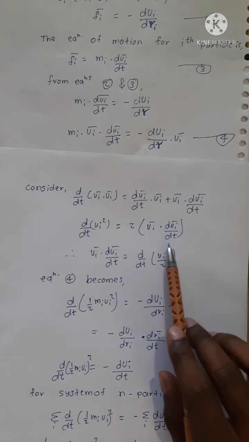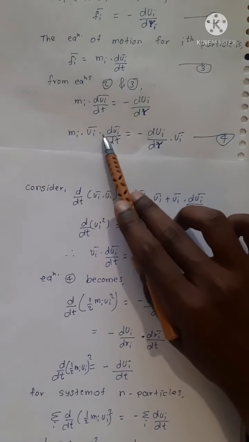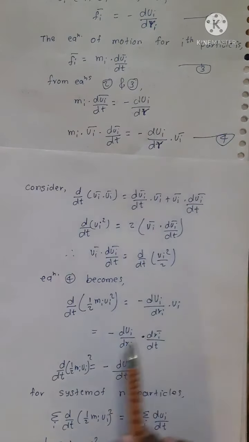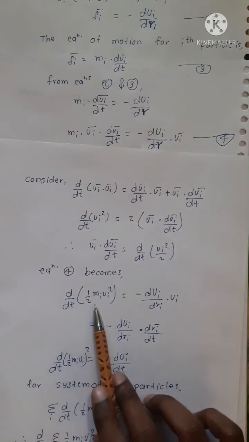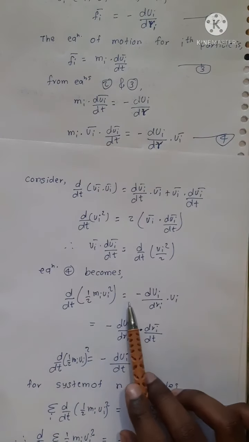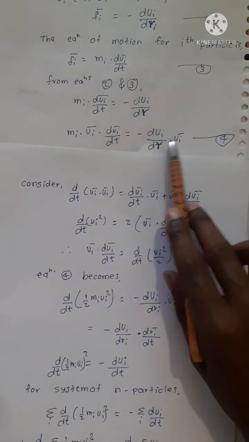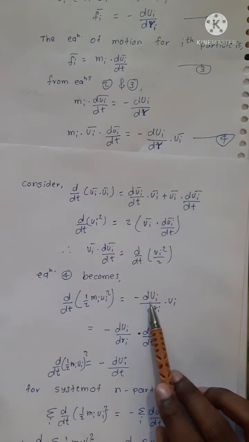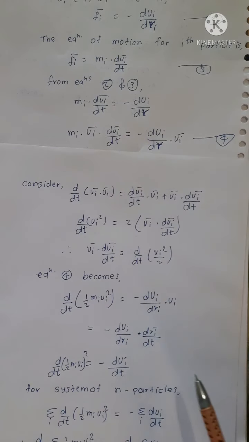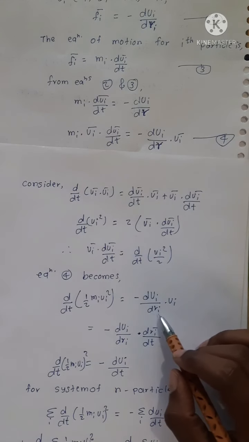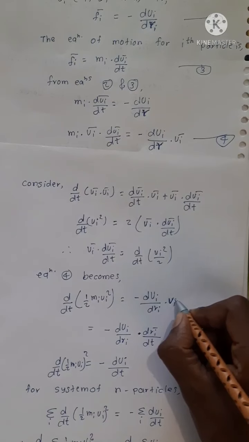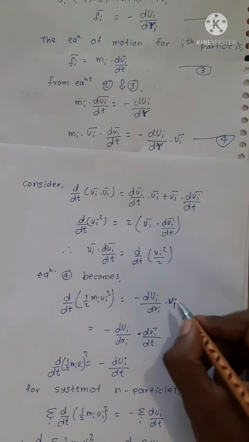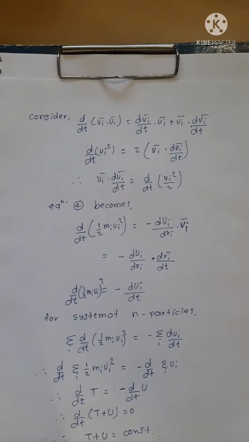Now we will use this value in equation number 4. If we write this value in this equation, it becomes d by dt of half mi vi square is equal to the RHS of equation number 4, that is minus dUi by dri bar into vi bar.